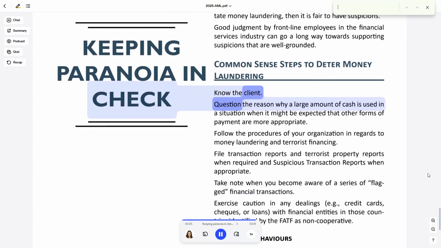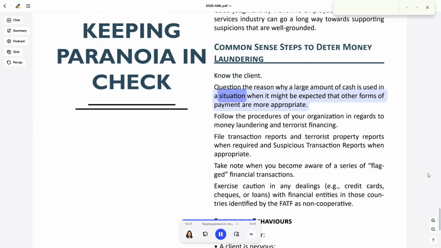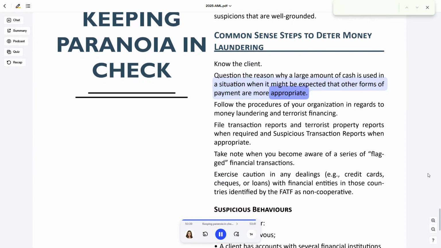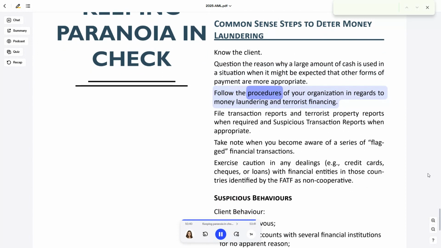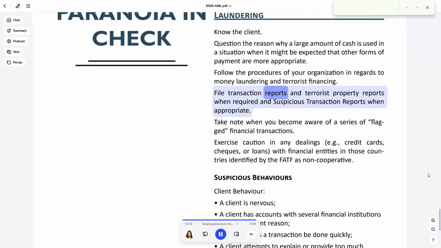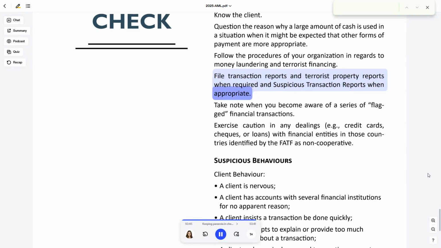Know the client. Question the reason why a large amount of cash is used in a situation when it might be expected that other forms of payment are more appropriate. Follow the procedures of your organization in regards to money laundering and terrorist financing. File transaction reports and terrorist property reports when required, and suspicious transaction reports when appropriate.